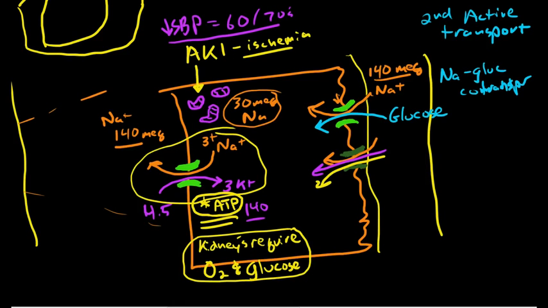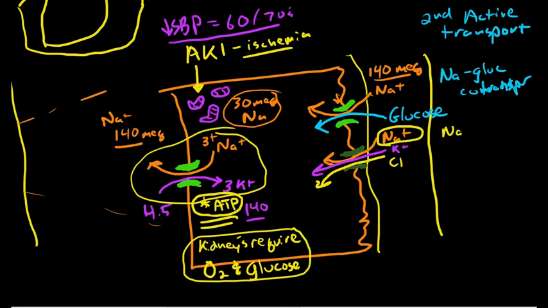And what it does is it transports one sodium ion, one potassium ion, and two chloride ions. And again, all of this is being driven by sodium going down its concentration gradient.